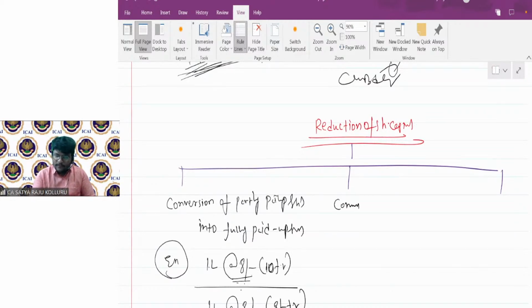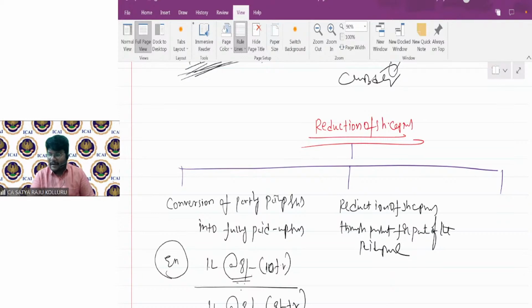Conversion of, no, not conversion. Reduction of share capital through payment for part of the paid up value.